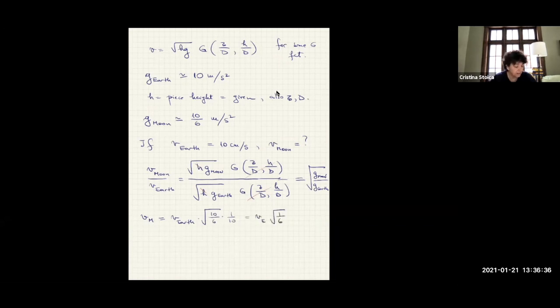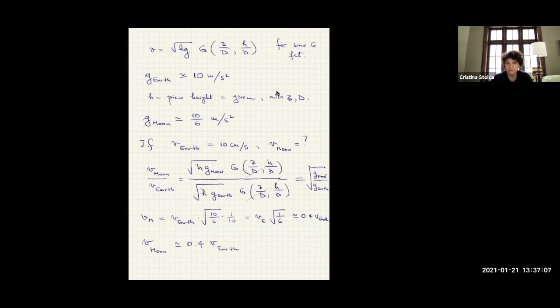So this is about 0.4 v Earth. In other words, the velocity on the moon would be about 40% of the velocity on the Earth, however you want to think about it.